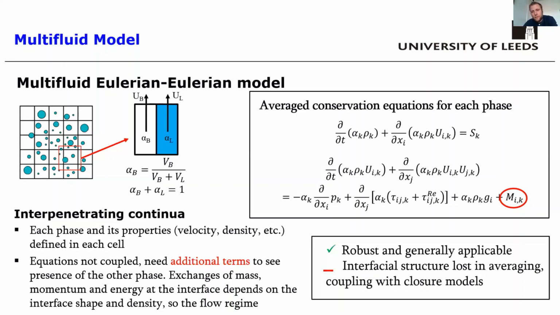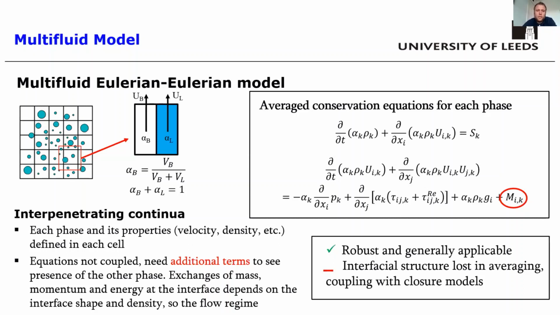But at the same time, the complexity that is introduced by doing this averaging is that we lose the interface. We simply have some gas and some liquid that flows in that cell, and they don't see each other unless we close the system of equations with additional terms that need to be modeled, of course, because we don't know anything any more about the surface of the bubble.